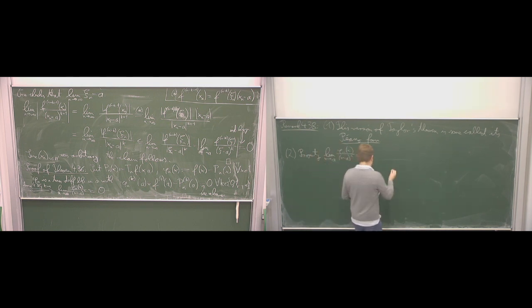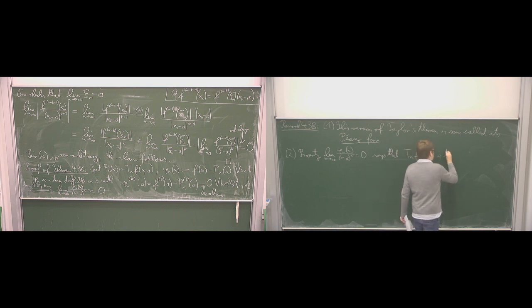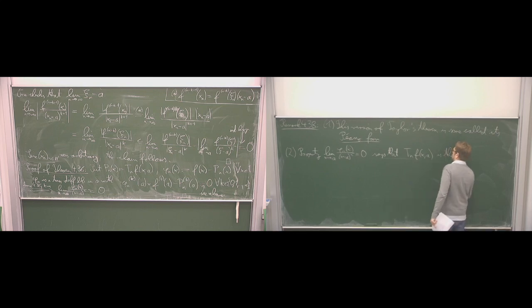This means basically that T n f of x in a is the best approximation by a polynomial of degree n, because the difference goes to 0 faster than a polynomial of degree n.